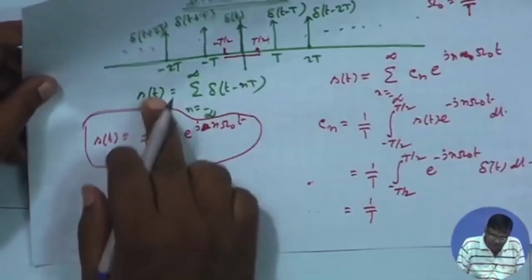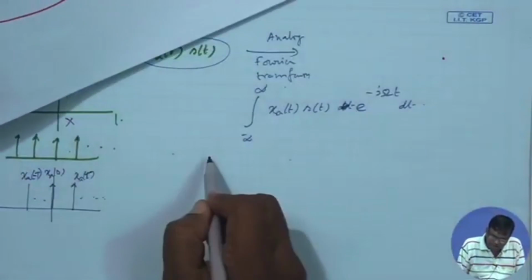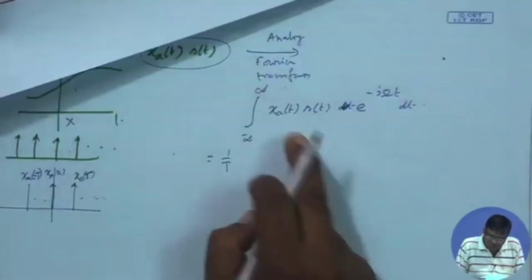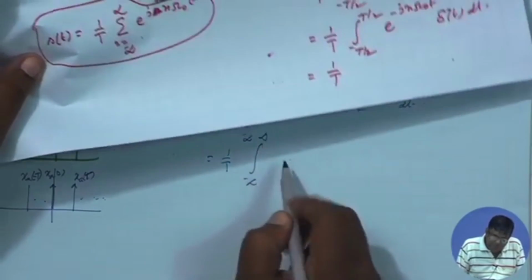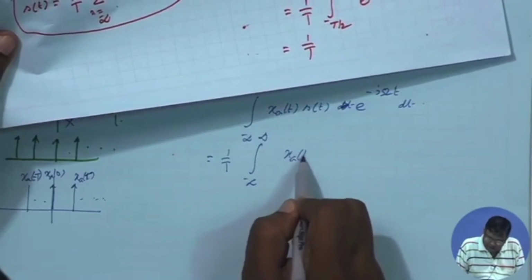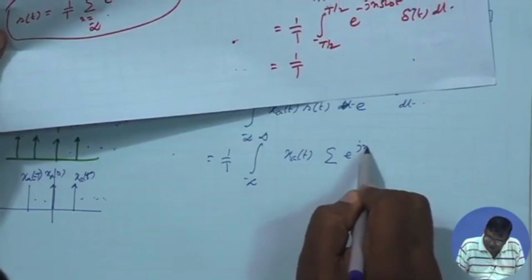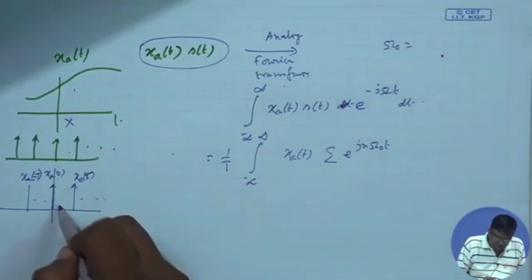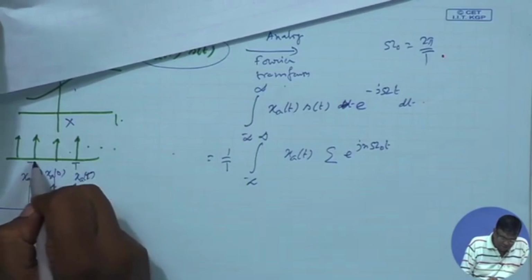Now, instead of this form of s t, I can write it by this form also. So, this I bring inside. So, 1 by T, there is a summation inside. x a t as it is, s t will be this, 1 by T has gone out, e to the power j n capital omega naught t, where omega naught, as I told you, is the fundamental frequency, that is 2 pi by T. T is the period, the sampling period.